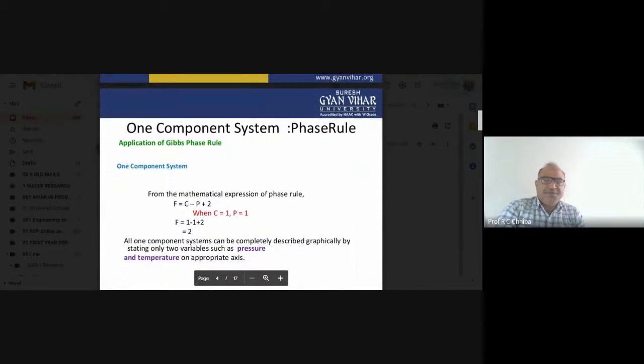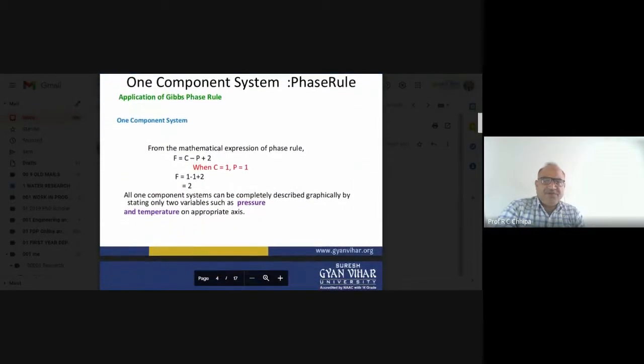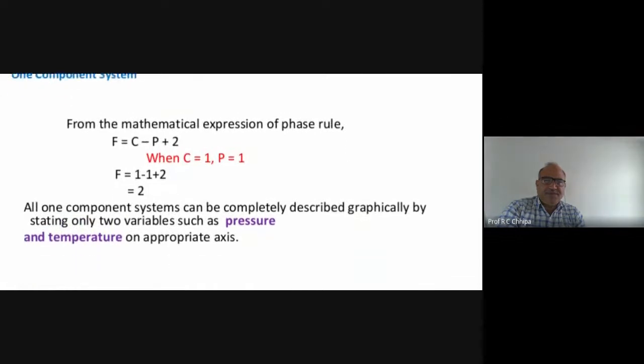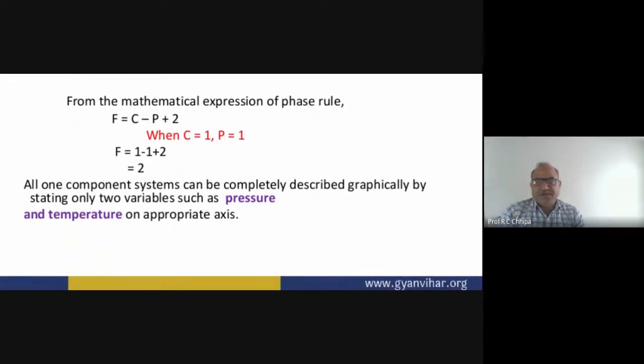Here, first of all, we have to see what the Gibbs phase rule is, from the mathematical expression of this phase rule. Here F is the degree of freedom and C is the number of components.